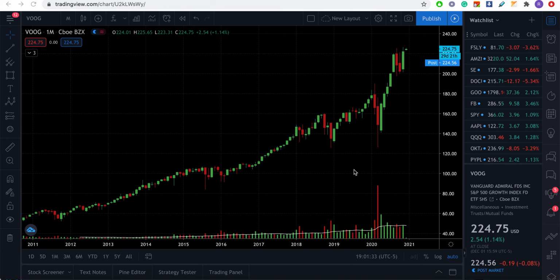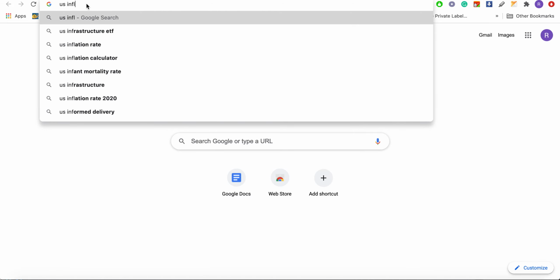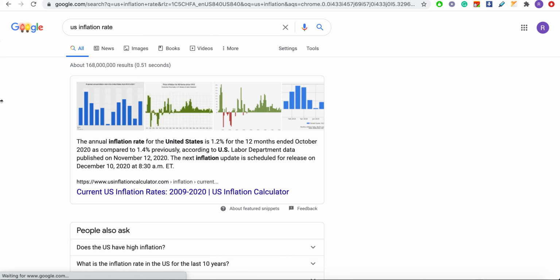There is inflation. The US inflation is about, I think, 2 to 3%. The annual inflation is 1.2 for the 12-month period ended October, compared to the previous 1.4. It's about 1 to 2%, and it changes.